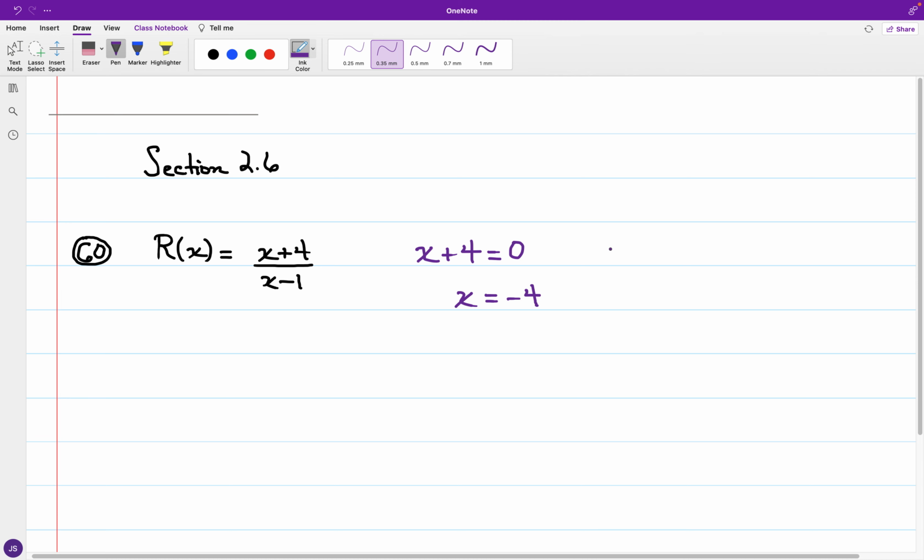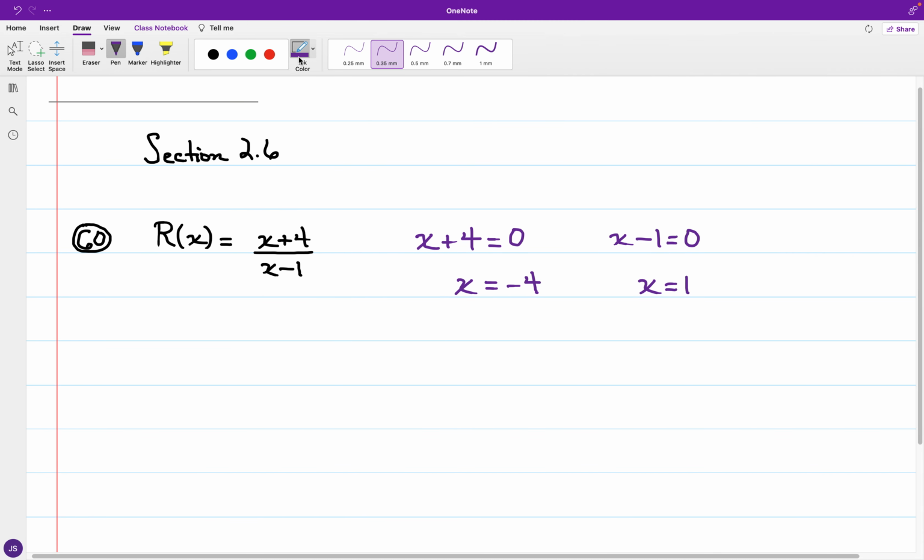And in the denominator, x minus 1 equal to 0 gives x equal to 1. And again, just setting things up.